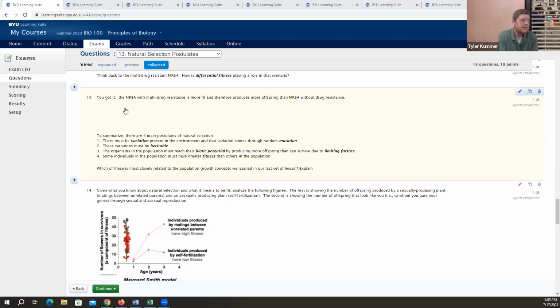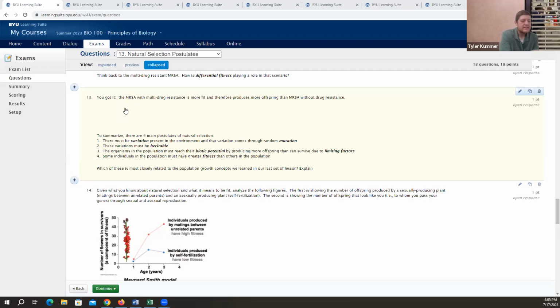Finally, there must be some individuals that have a greater fitness than others. Fitness in this case does not mean physical prowess. It doesn't mean physical characteristics necessarily. What it means is an evolutionary fitness. How fit are you for the environment and the associated limiting factors that are coming into play there?